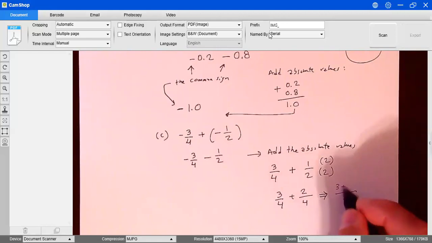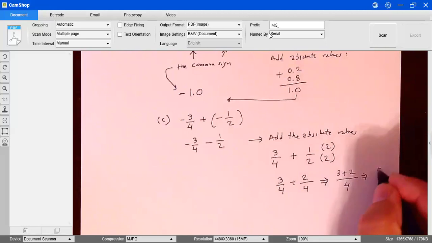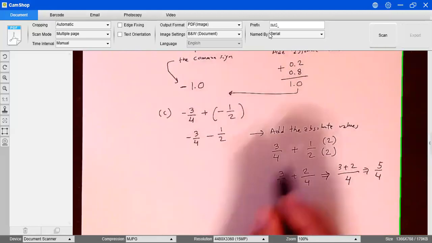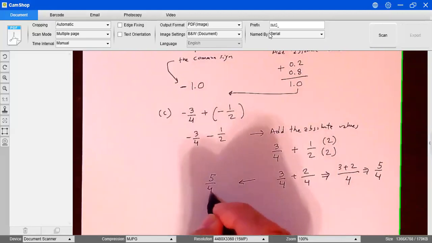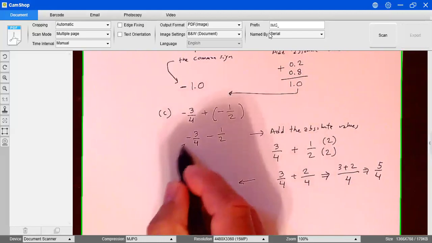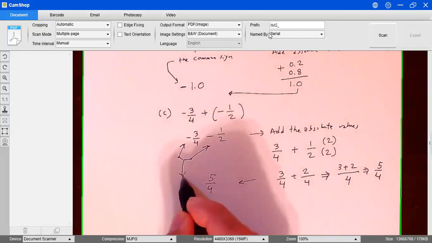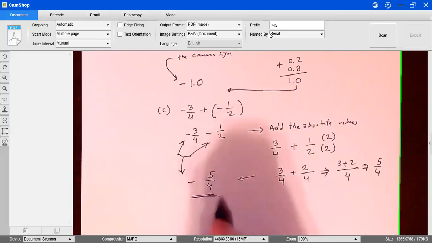You just need to add the numerators, so at the end you get 5/4. That's the answer for the sum of the absolute values. Now you check signs. The common sign is just negative, and that's the result.